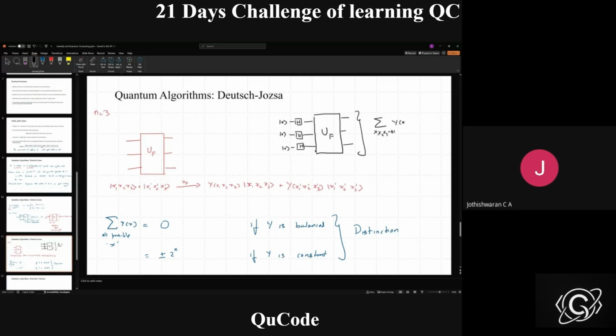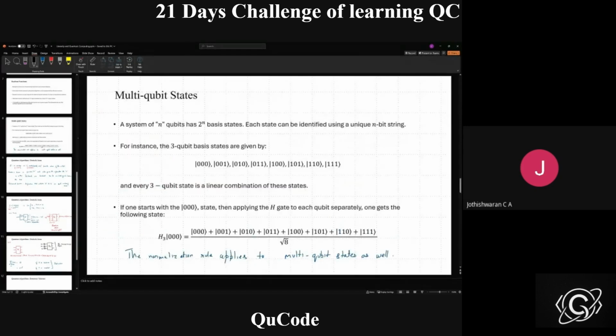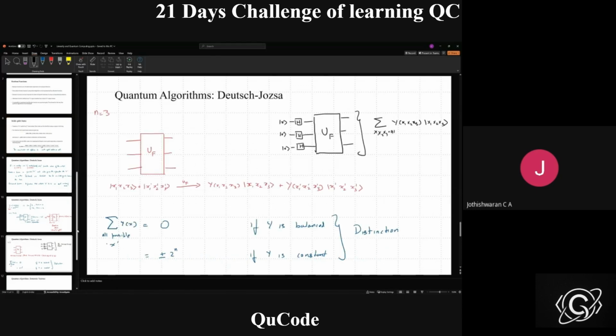Y of x1, x2, x3 multiplied by ket x1, x2, x3. And remember, applying the Hadamard gave me a 1 over square root of 8 normalization constant, essentially the number from the normalization criteria. So I can write that over here, square root of it.